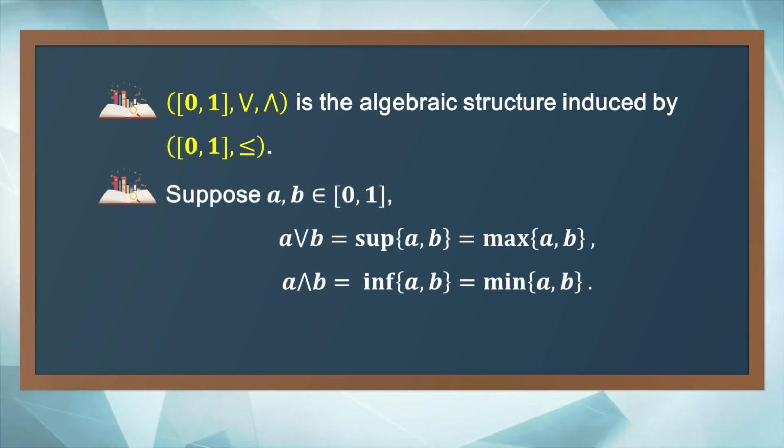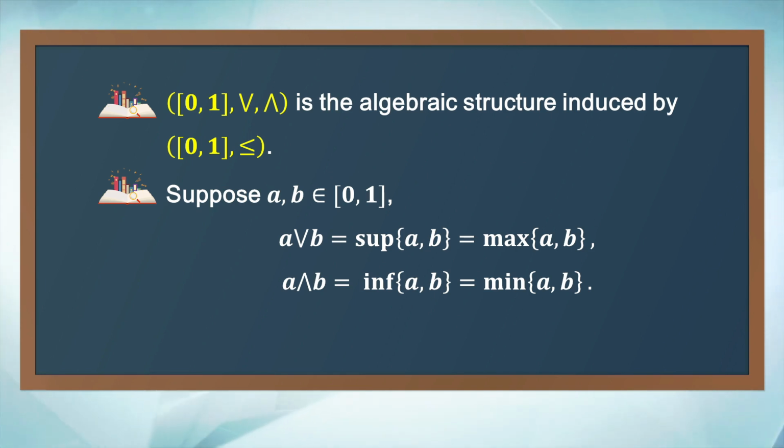In this case, the join of A and B is the same as the supremum of A and B, the same as the maximum of A and B, and the meet of A and B is the same as the infimum of A and B, the same as the minimum of A and B.